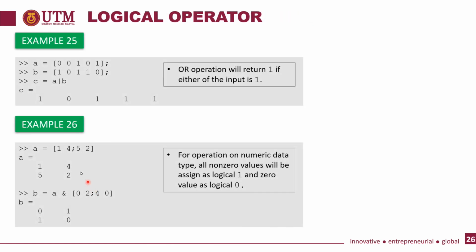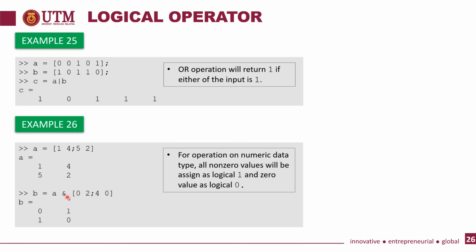As I said before, in MATLAB any number which is not equal to 0 will automatically be initialized as logical 1. So A will become 1, 1, 1, 1, and the matrix B will become 0, 1, 0, 1.